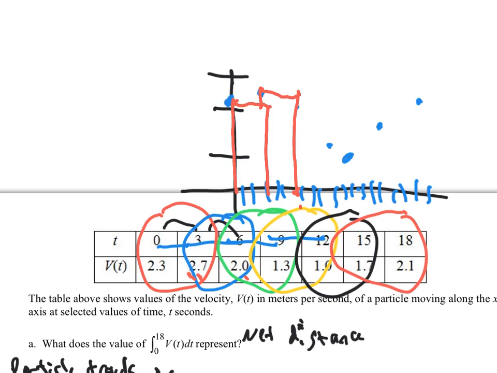This one should have gone this way, like that, and down, and this one went that way, and down, and then this one goes that way, and down.